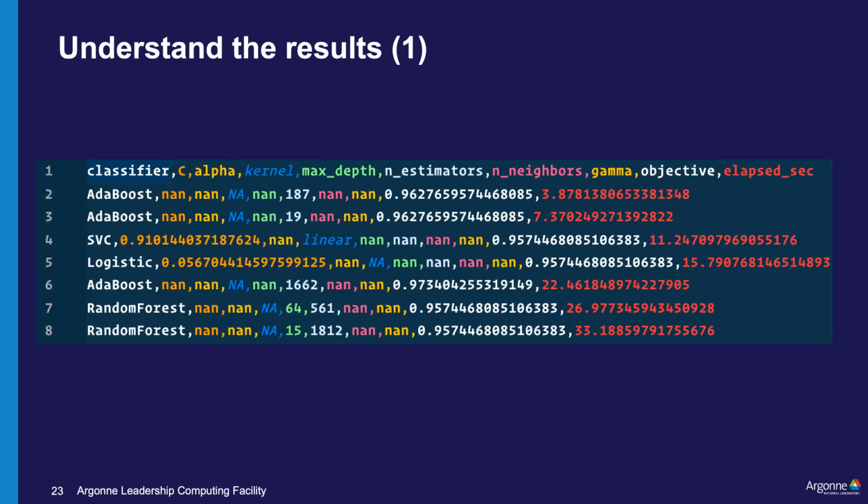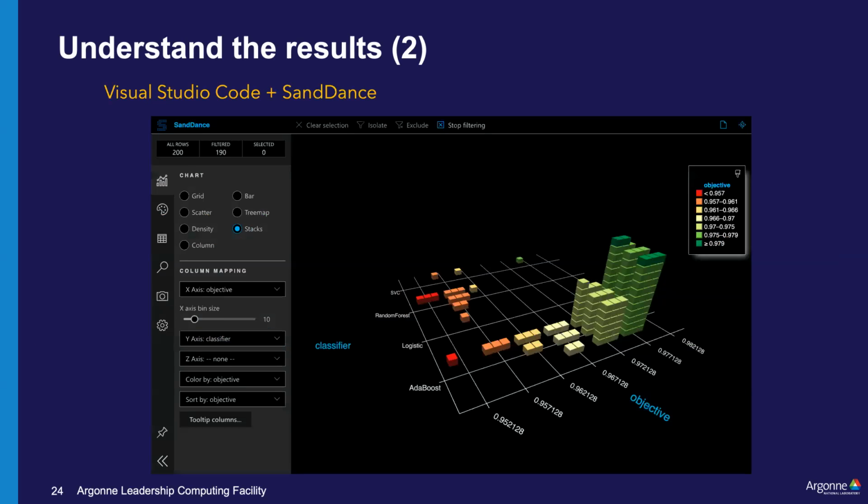Using DeepHyper can really help you understand the behavior of your application. Here is a colored output of a search with DeepHyper on a short excerpt. If you look at this output by using Visual Studio Code and the Sandbox plugin, which is free to download, you can have quick visualizations such as here, where we plot the classifiers and the performance, which is an accuracy.